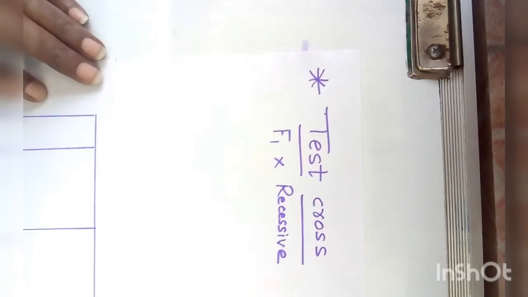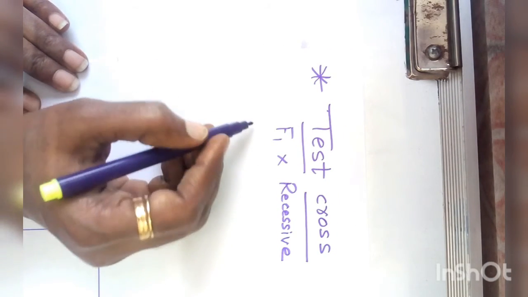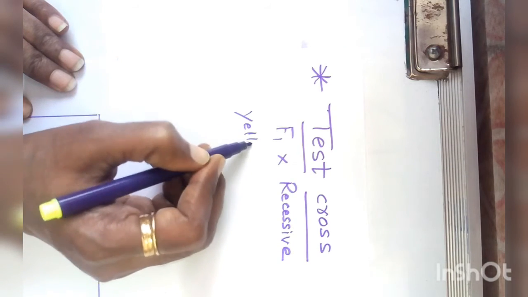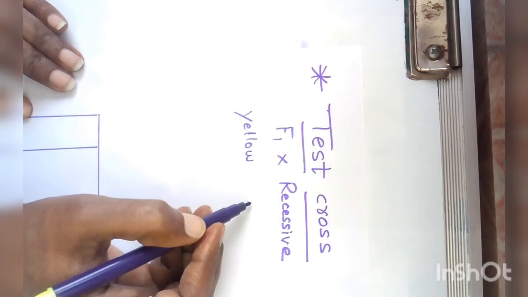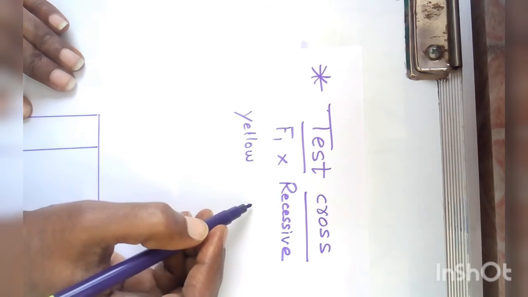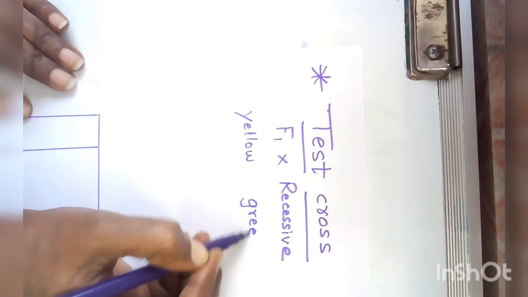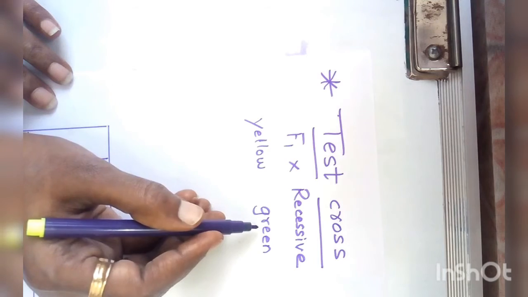So for test cross, we'll take the same example. The F1 generation, what was the phenotype? The seeds were yellow in color. The recessive parent was, what was the color? The recessive parent was green in color. So these are the phenotypes.